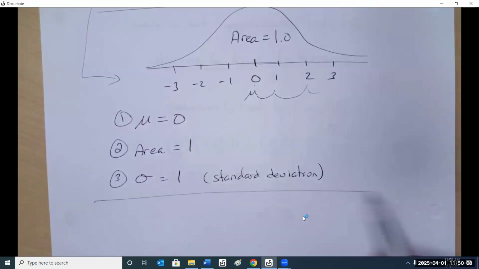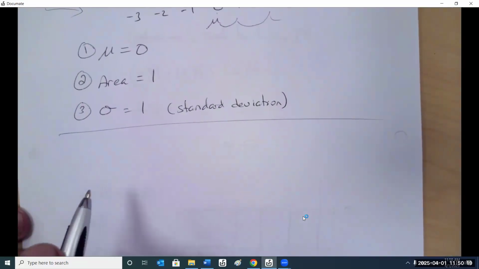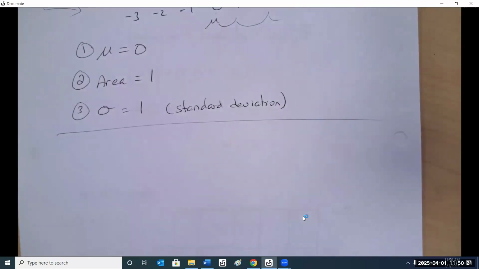So what we're going to start using, we're going to start looking at those charts that I gave you. Let me find an example. We'll start using those charts. Well, let me first show you how to use those charts.